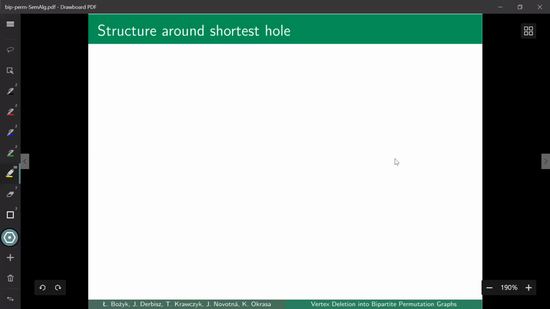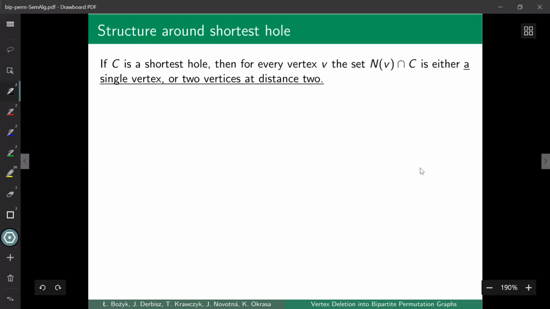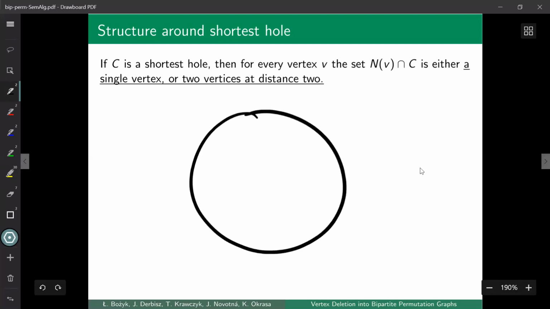Let's have a bit more challenging one, about the 2 types of incidence to the shortest hole. We have this shortest hole, remember, and we now say that every vertex is incident to only one of the nodes, or 2 which are at distance 1 apart. So take the shortest hole here: 3, 4, 5, 6, 7, 8, say 10.